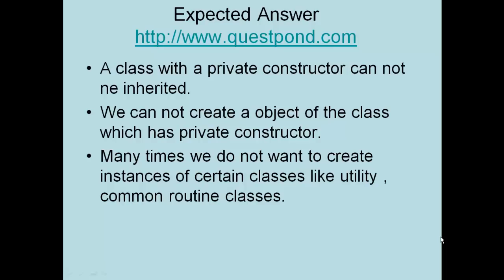For example, classes which have common utilities and common functions, like central classes, or classes which are used across the project. So for common routines, utility functions and helper functions, you would like to create one instance of the object by using the static keyword and not use the new keyword to create the instance again and again.